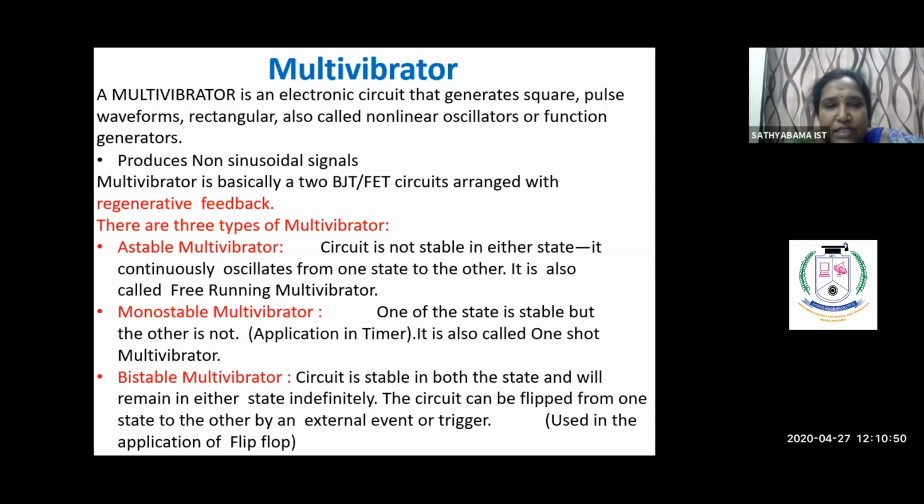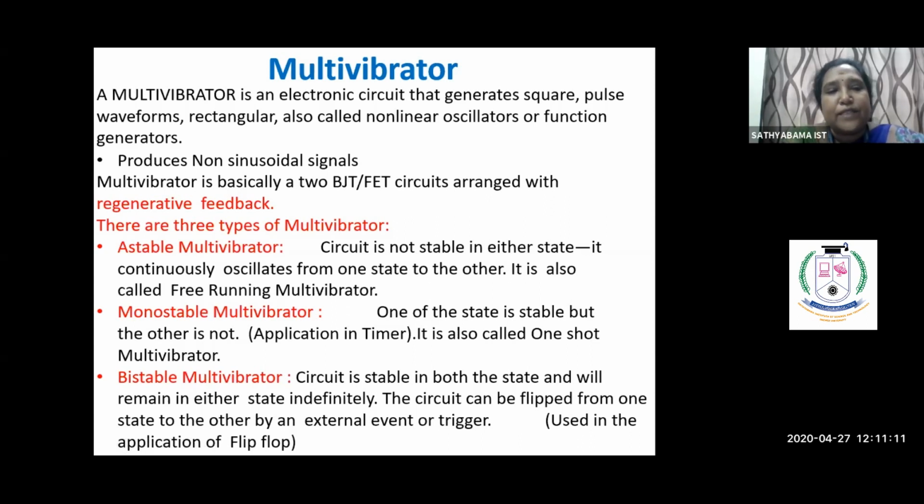It will go to one state and immediately change to the 0 state, again go to one state, again go to the 0 state. Likewise it will move from 0 to 1 and 1 to 0. So that's why it is called the free running multivibrator.